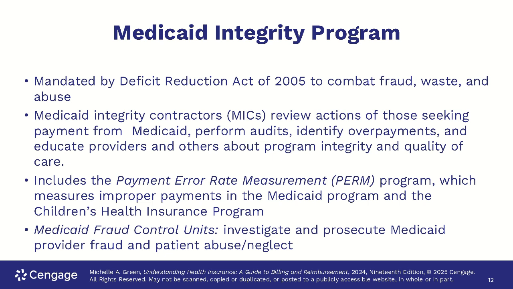As a part of this, they established the PERM program, which looks at improper payments for the CHIP program, the Children's Health Insurance Program. This law also established the Medicaid fraud control units, which is another arm that is investigating and prosecuting those that commit Medicaid provider fraud.